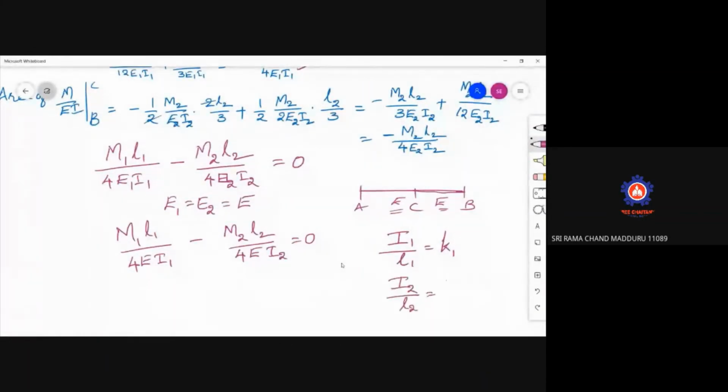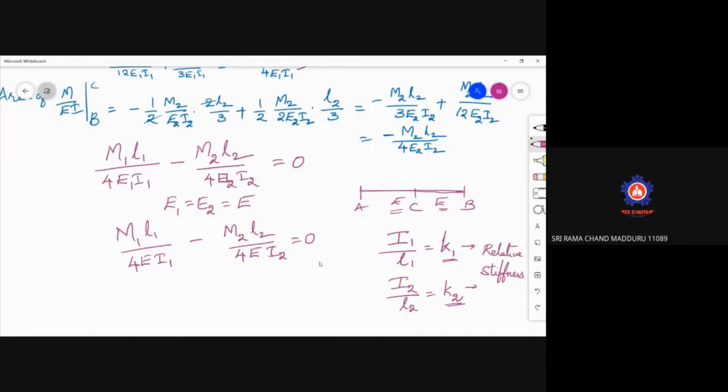Write down this. So these K1 and K2 are called relative stiffness. Here the relative stiffness is nothing but K1 and K2. I1 by L1 is written as K1, which is the relative stiffness, and I2 by L2 is called K2, which is another relative stiffness, for the beams AC and CB respectively.